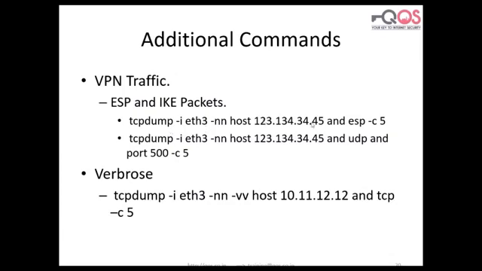You can run the same command, but as I discussed earlier, you can capture the ESP packet. If you see ESP, this could be your remote VPN gateway. If you see the packets coming to your external interface, you know that packets are getting encrypted from the other side and you are seeing them on this side. If you want to capture IKE packets, you can select UDP and the port number 500.